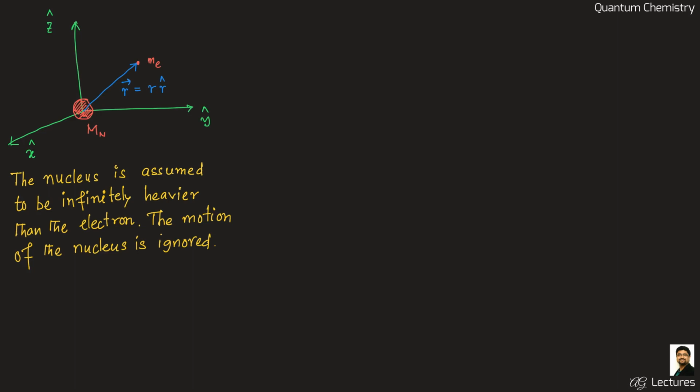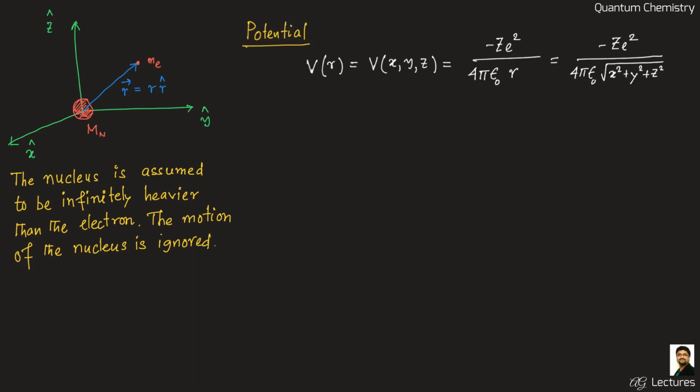And we can write down the potential to start with using this internal vector, as V of r or V of x, y, z, as this. So this is a simple Coulombic potential. It is a Coulombic attraction between the negatively charged electron and the positively charged nucleus.